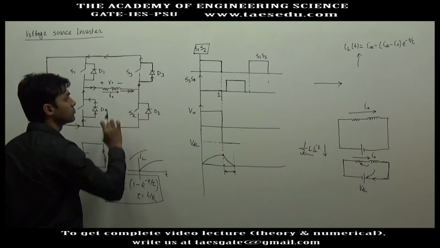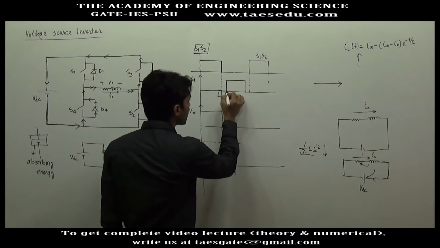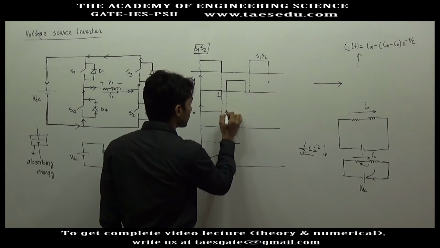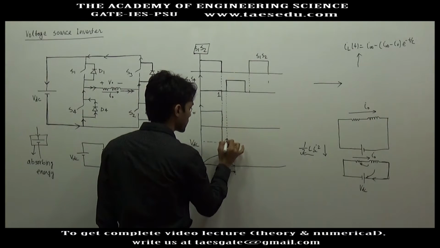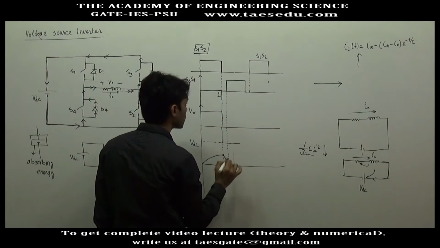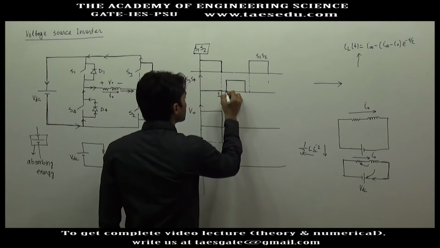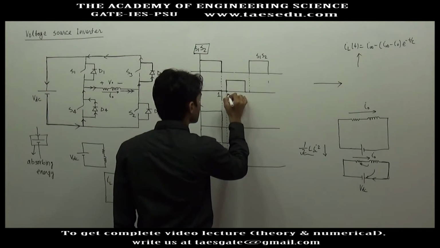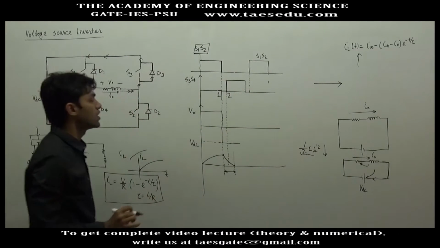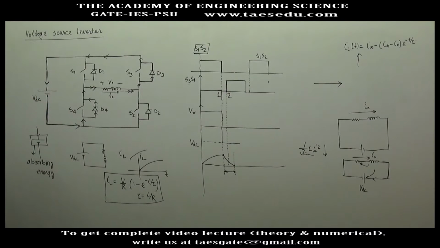What you have to do, after the switches S1 and S2 are disconnected, at this point, let's say this is instant 2, at instant 2 you have given gate signal to S3 and S4.